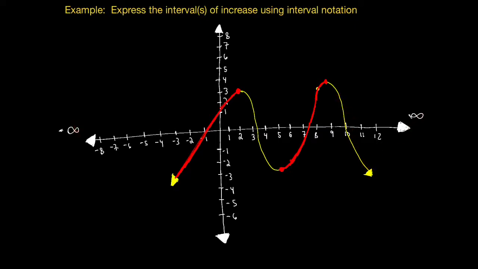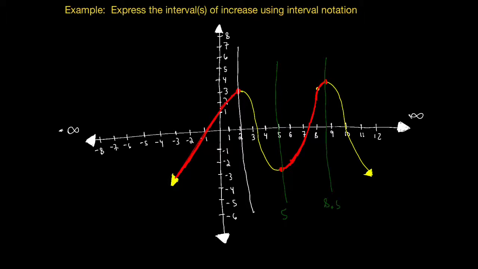So if I explicitly mark these breaks, our increase begins from negative infinity all the way to positive 2. And here, I'll do it in green, this one begins from positive 5 to about 8.5 here.